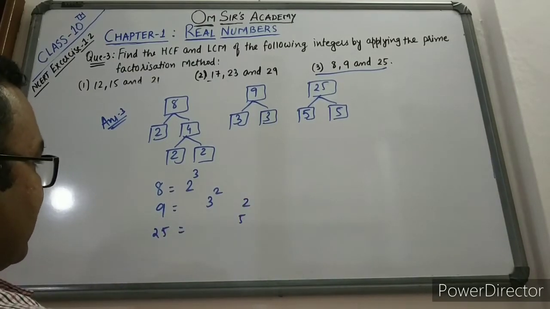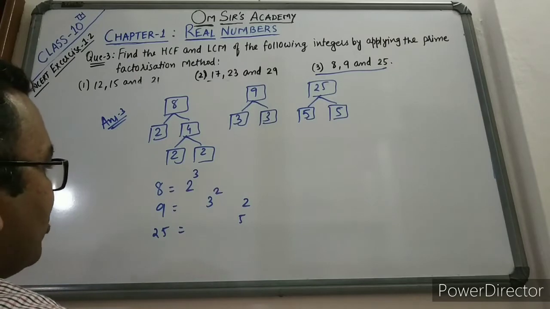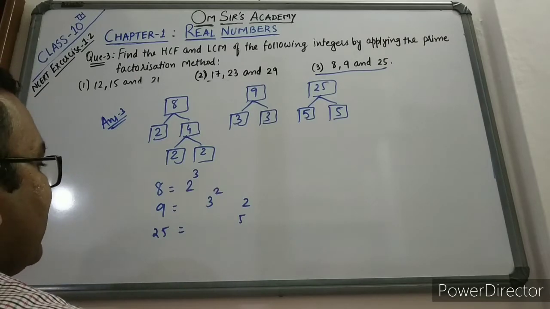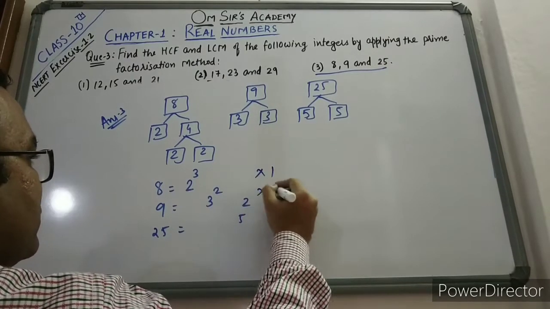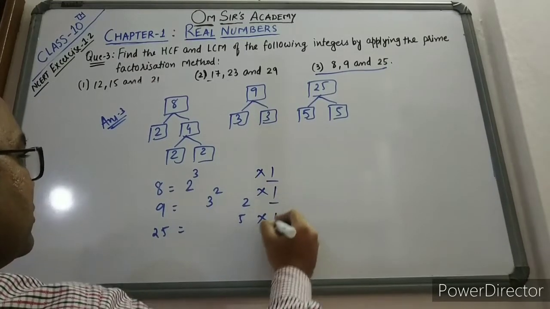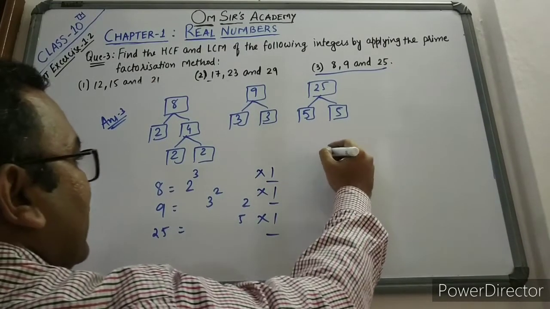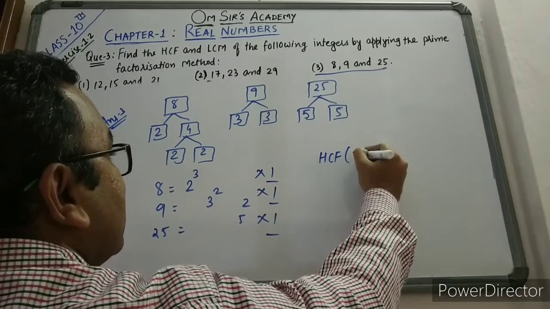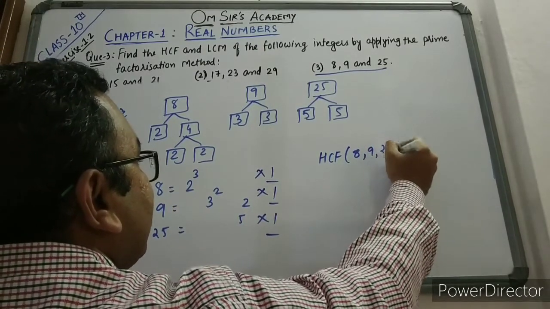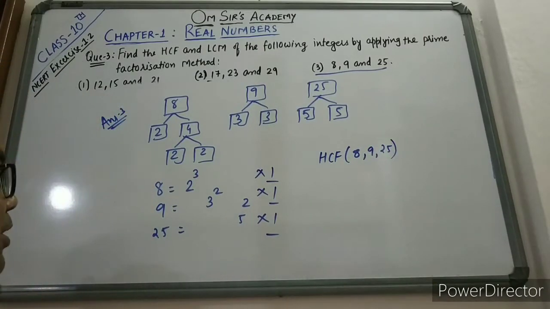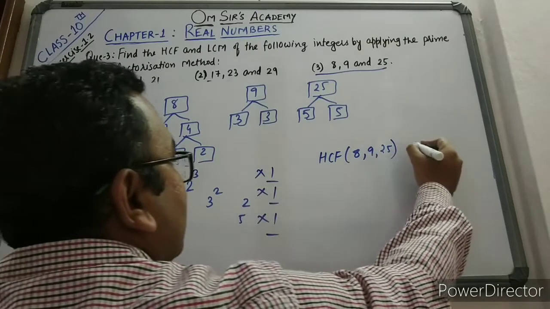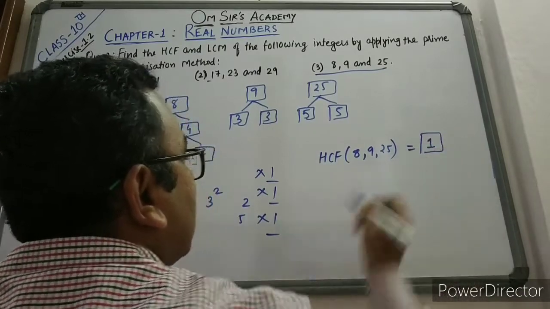So again here, friends, there is nothing common. Okay, so what we can write as all these have common as 1. Okay, so HCF of these three numbers 8, 9 and 25, these are not prime numbers but these are all three composite numbers and they are having 1 as a common, so it is 1.